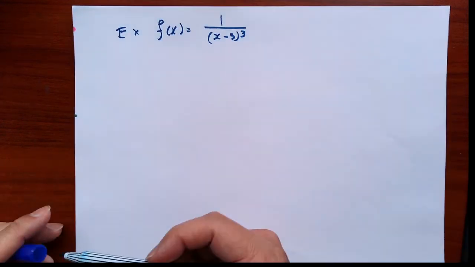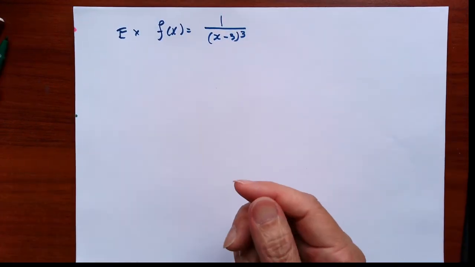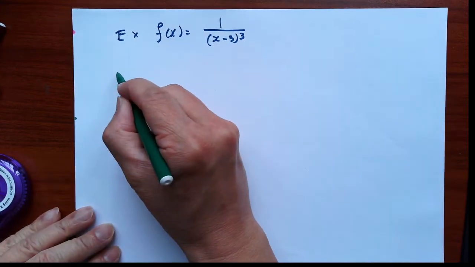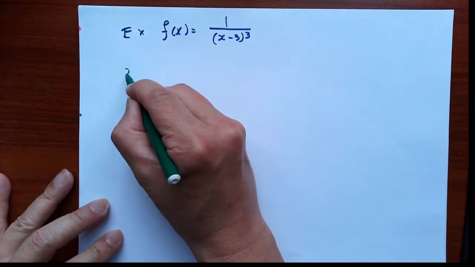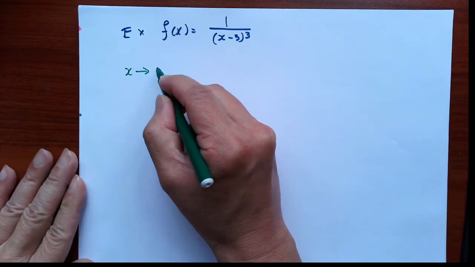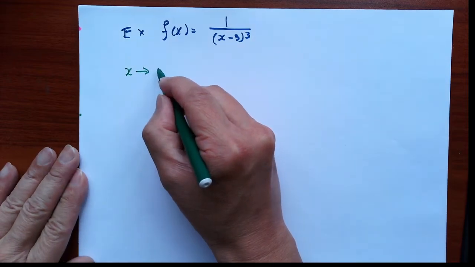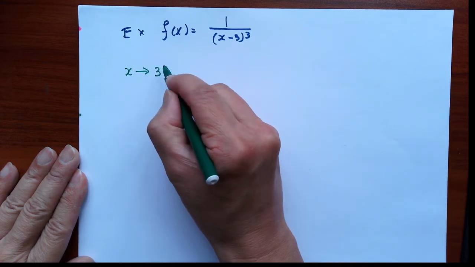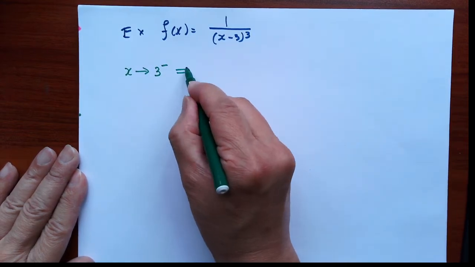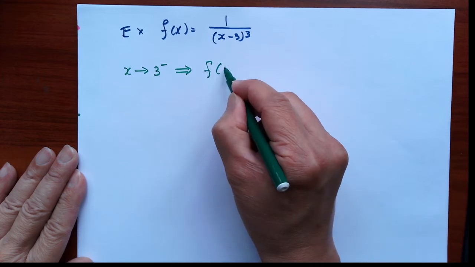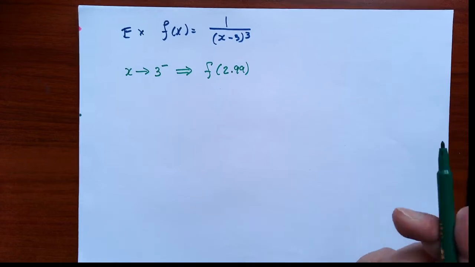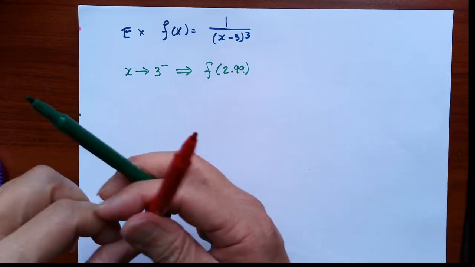The last equation is 1 over x minus 3 cubed. So as x approaches 3 from below, what do we get? We get f of 2.99. This is a number which is a little bit below 3.